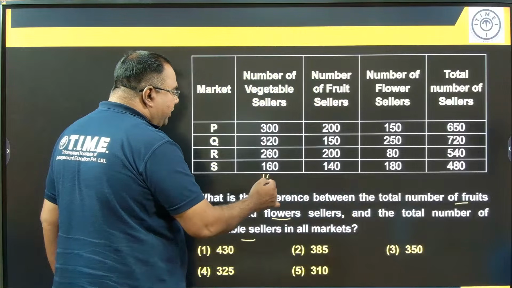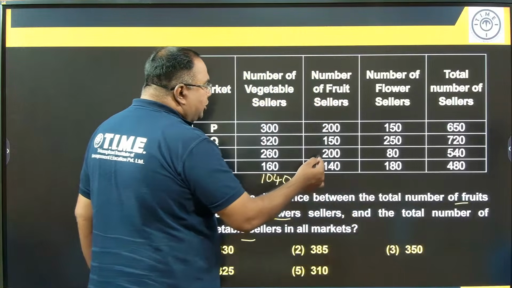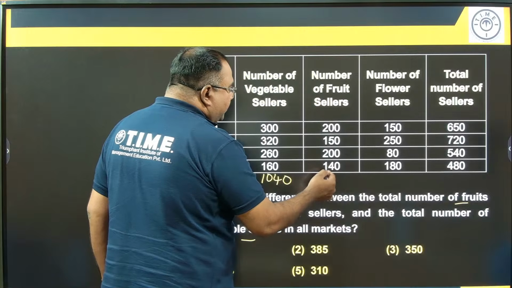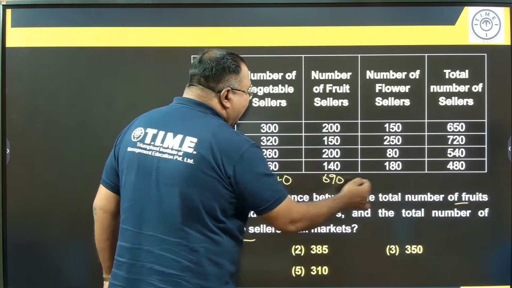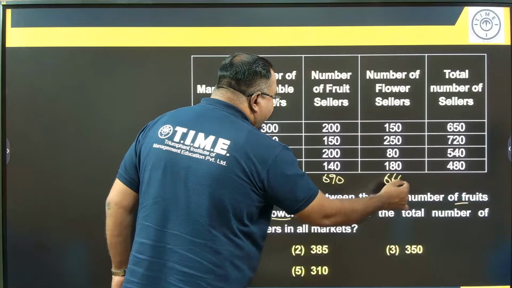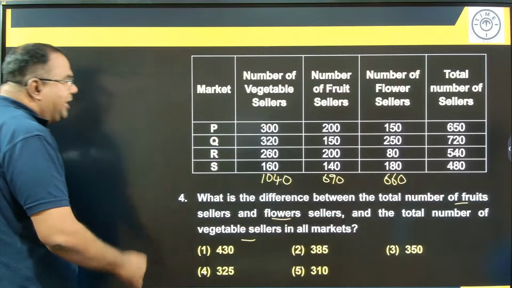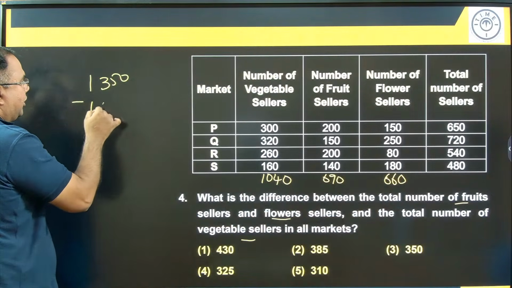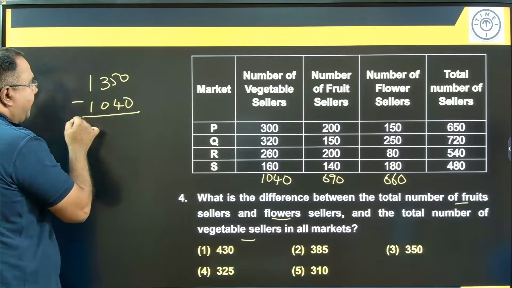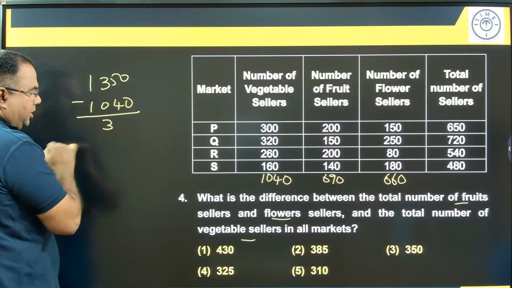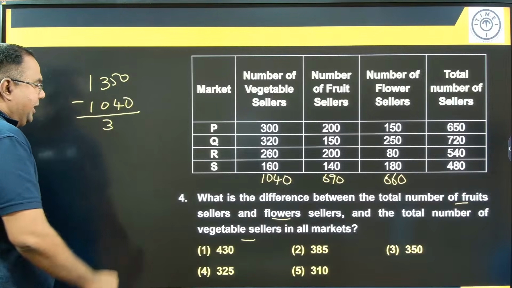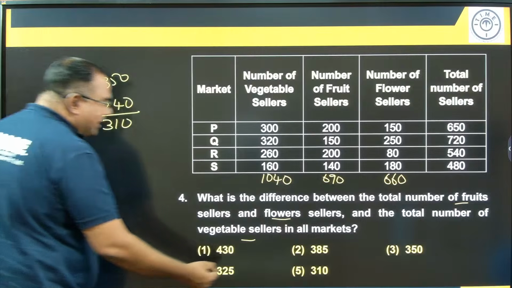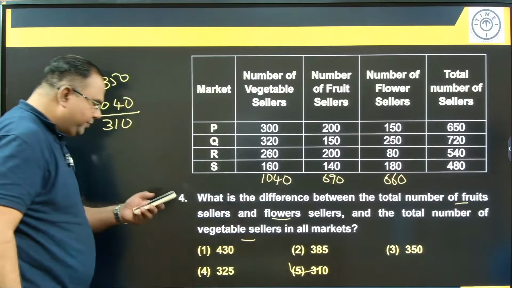Vegetable sellers we have done just now, 1040. This is how much? This is 690, we have done. In the earlier questions, I am using the data from the previous questions. So it has to be 1350 minus 1040. So it has to be 310.